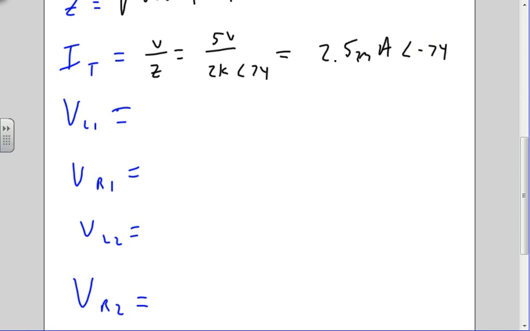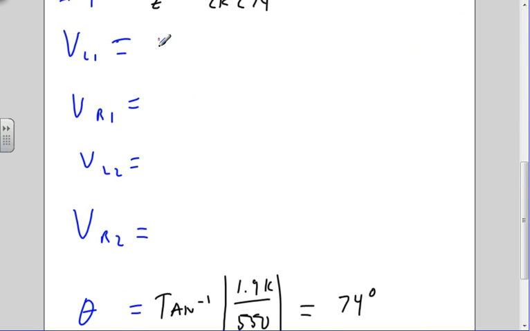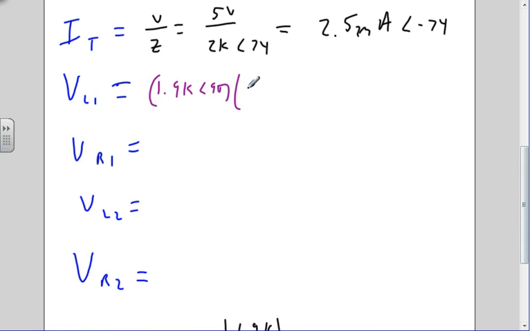Voltage across inductor 1. What's X sub 1? 1.9K. 1.9K angle 90 times the total current, 2.5 milliamps angle minus 74. All right.